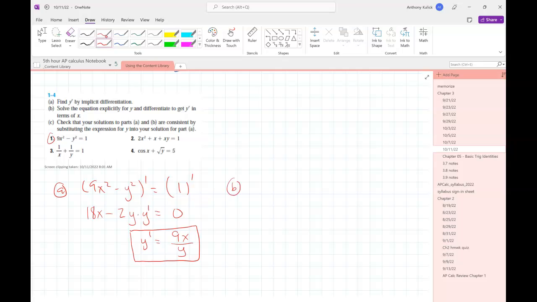For part B, it says solve the equation for y explicitly and then differentiate to get y prime in terms of x. Okay.